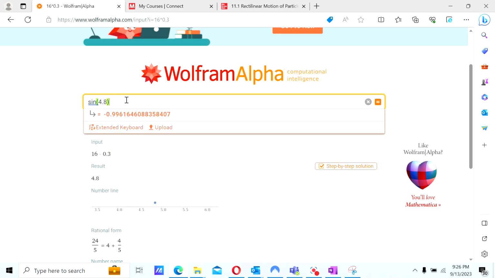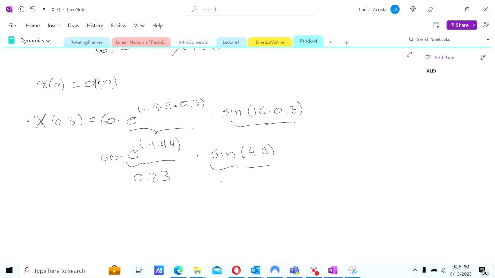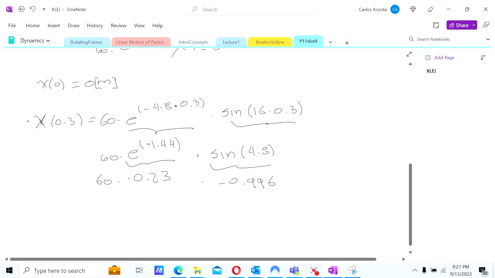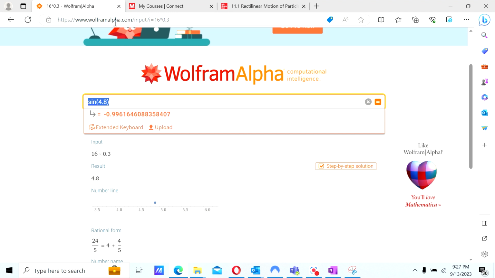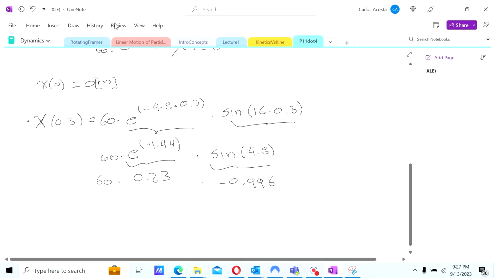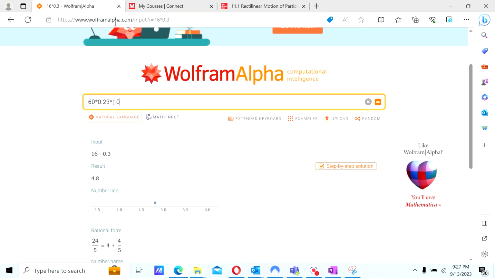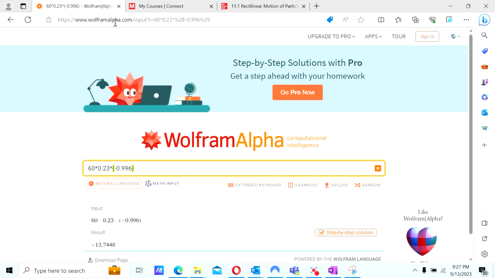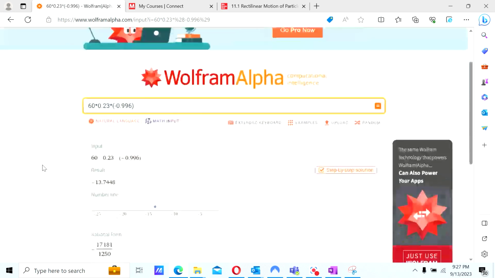It's negative 0.996. So let's do 60 times 0.23 times negative 0.996. That gives negative 13.74. I think we're missing a bunch of decimal points here, but that's close enough.